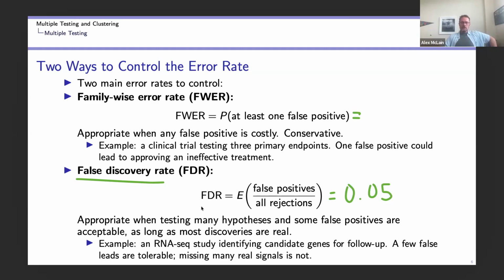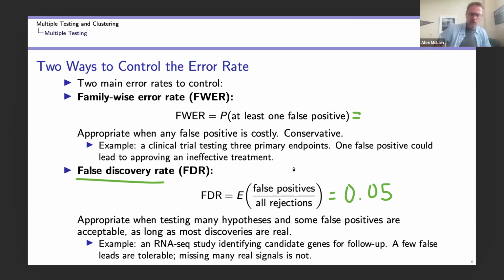And so this is something that's more appropriate when we're testing many, many hypotheses, and some false positives are acceptable. So if we're doing an RNA-seq study, identifying candidate genes for follow-up, a few false leads are tolerable. The FDR is not going to be as conservative as the family-wise error rate.